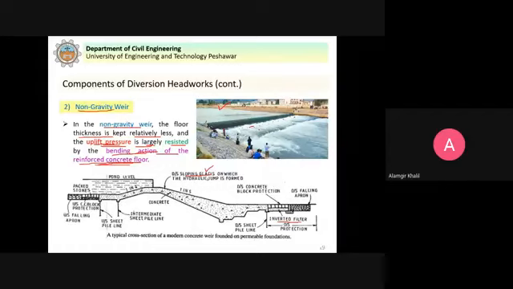If you have studied hydraulics, I teach in hydraulics about stilling basins that are provided downstream of dams, where the hydraulic jump can occur and dissipate the destructive energy of the flowing water. Otherwise, it will cause scouring of the river bed downstream.